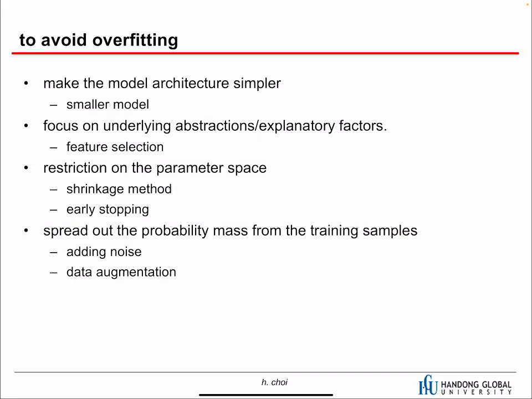That's how the model can overfit to the samples. If we add some noise, then we actually spread out the probability mass over the data manifold. Or we can think of data augmentation. Basically we just make the data manifold smooth. That's another way to avoid overfitting.